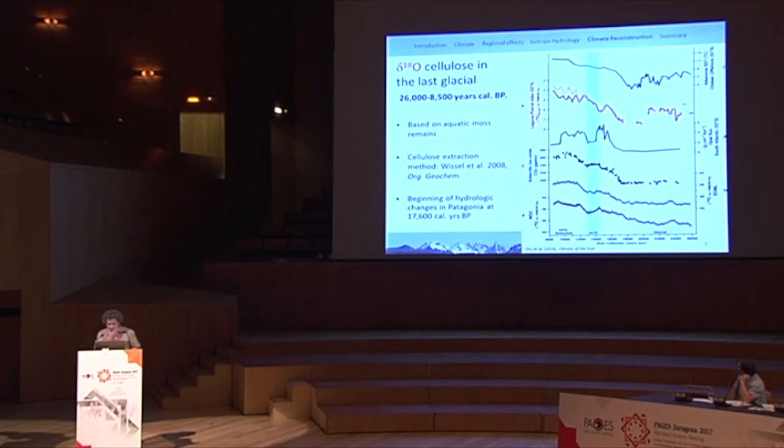So let's go to the records, and this is a record published by Zhu et al. in 2014 in Climate of the Past. And as you can see here, the red record of the reconstructed lake water isotopic composition from 24,000 to 8,000 years shows some variations which are consistent with what we see in other records, at least the increase of the delta 18O values is consistent with warming in Antarctica and with the rise of CO2 in Antarctic ice cores.